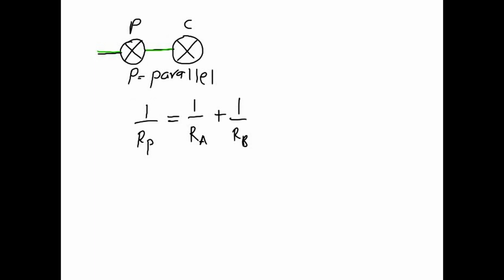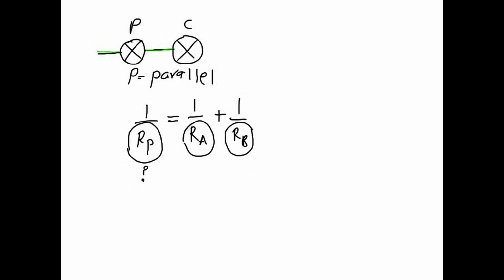Rp is the resistance that we're trying to solve for. We want to know what is the value of that. Ra is the resistance of light bulb A. Rb is the resistance of light bulb B. What did the question statement say? What were we given?